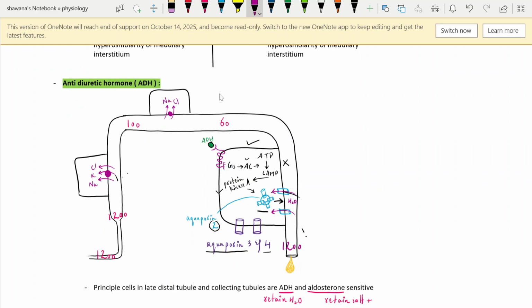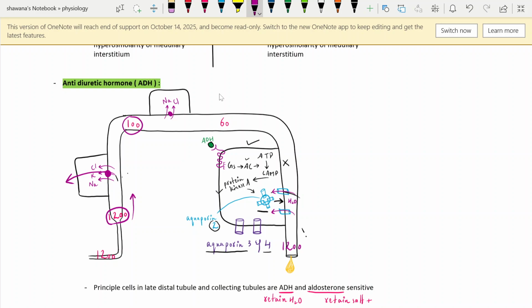Let's talk about the antidiuretic hormone. We have already discussed ADH in the previous lectures. ADH is also known as vasopressin. When we move from the ascending limb, the osmolarity is 1200. But a lot of solutes have been reabsorbed in this part, so osmolarity decreased to around 100, right?